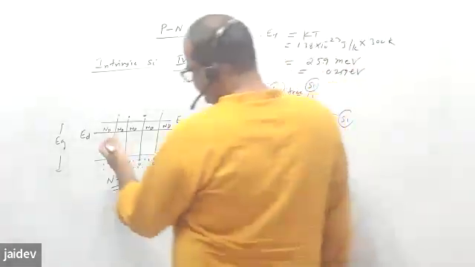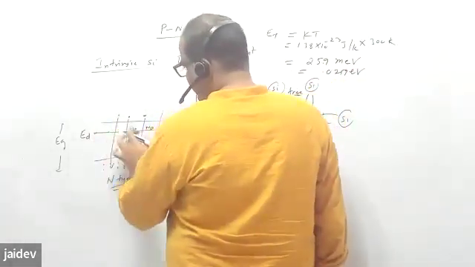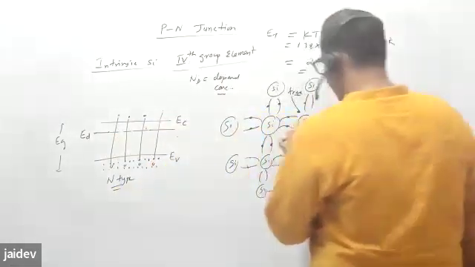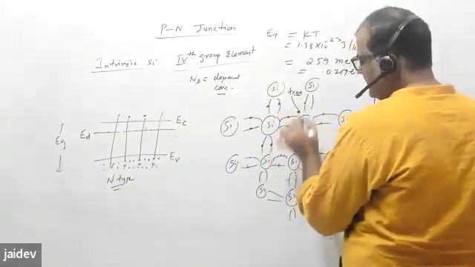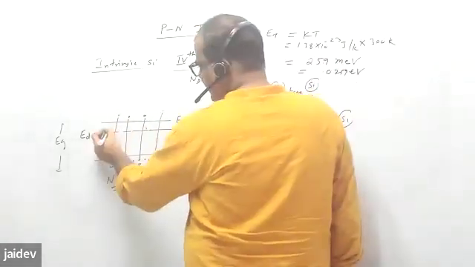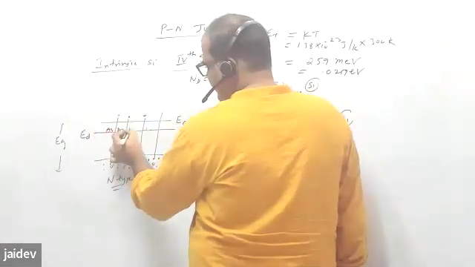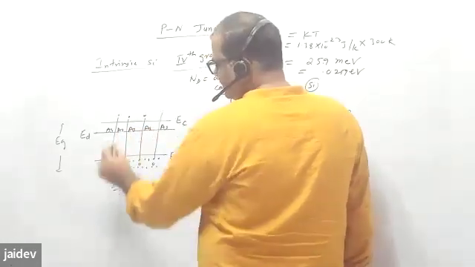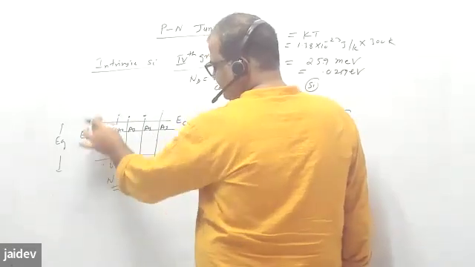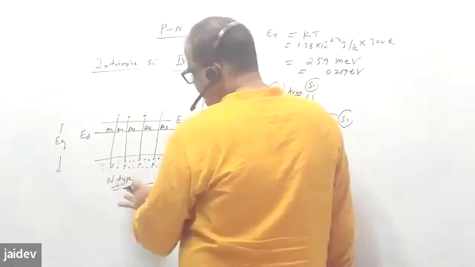So either you write Nd, or you write the name of the element, phosphorus or arsenic. Suppose I use arsenic here, so I will write arsenic here. Arsenic atoms are sitting here, and now you give this much energy. This energy is in milli electron volts.